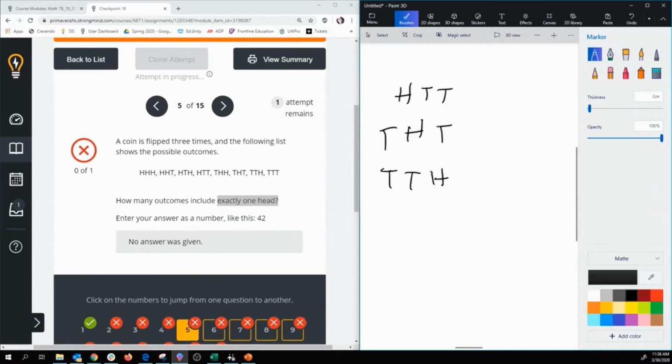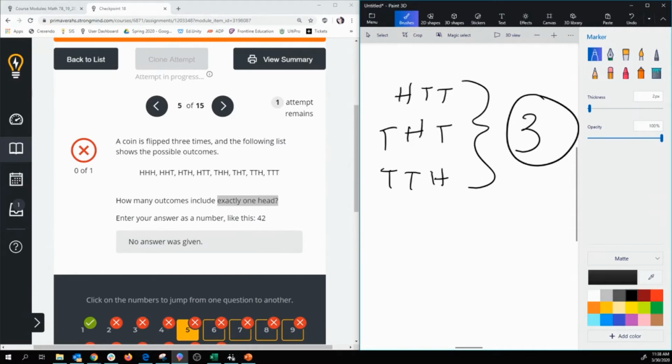Nowhere in this question does the word probability ever come up. So the number of outcomes that have only one head are just these 3 choices. So that's all you're typing in here, just 3. You're not putting it as a fraction because it's not asking you for probability. So only type it as a fraction if it's asking for probability.